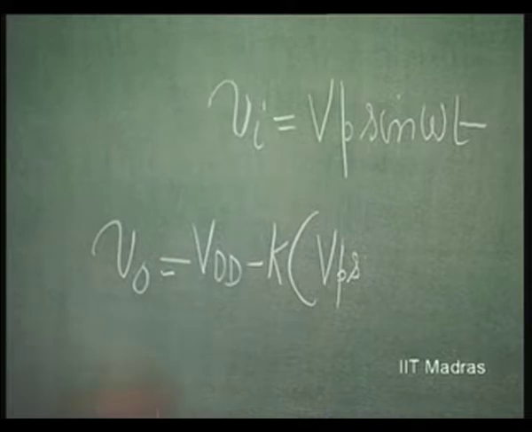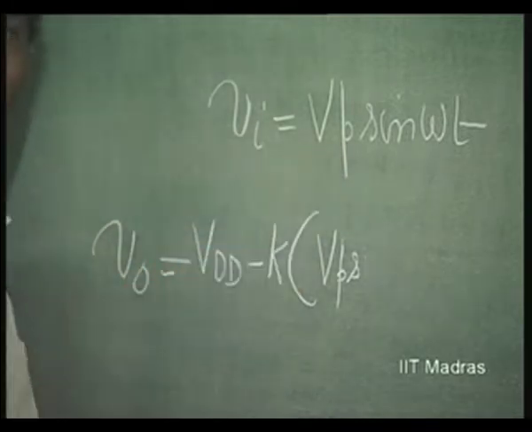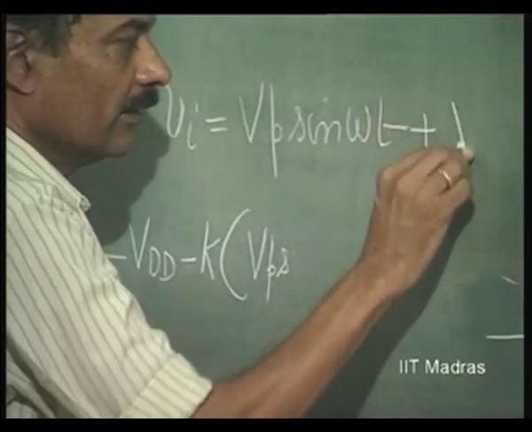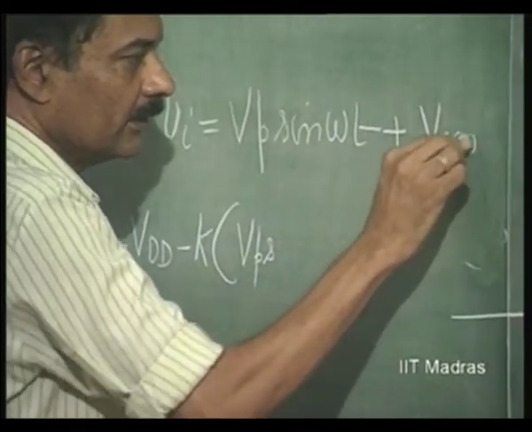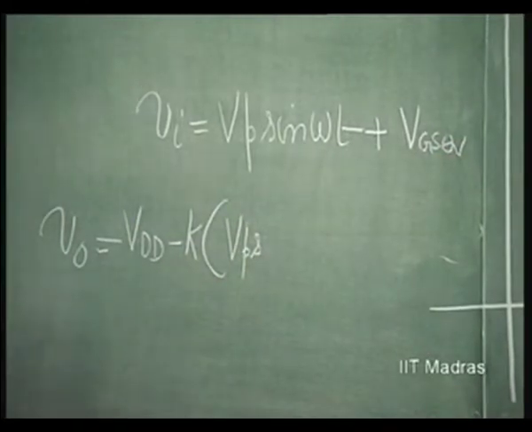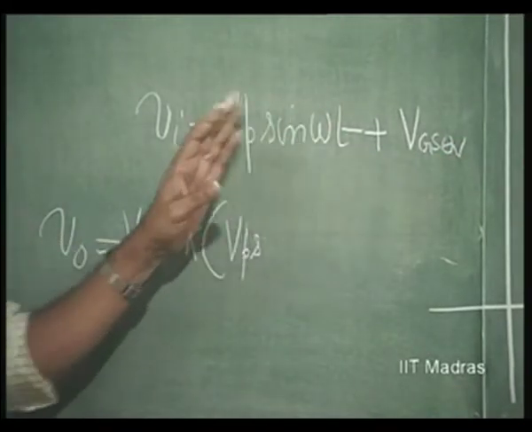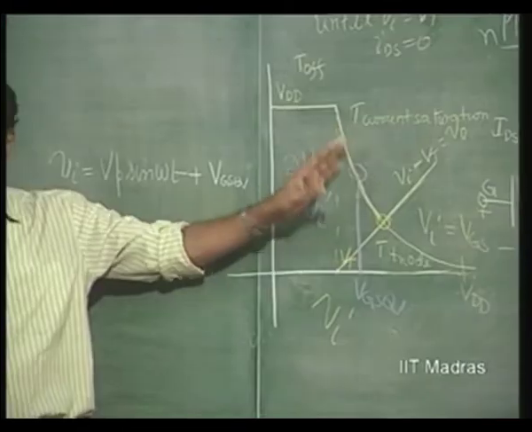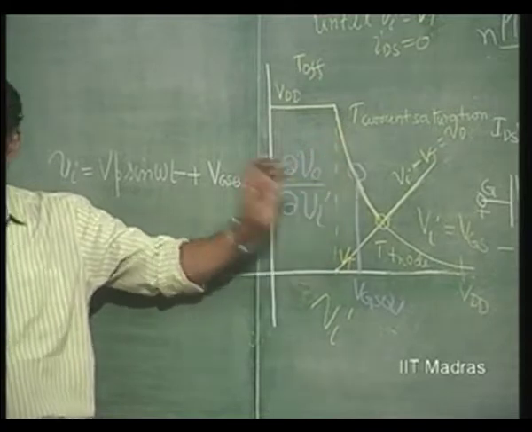Now, if we make Vi Vp sin omega t, we have a problem. We should have this superimposed over VGSQ, so that there is a quiescent point, so that this voltage can go positive and negative around this point. It can increase above VGSQ or decrease.